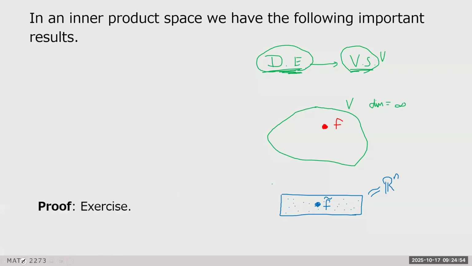So we're looking for this approximation in this space, such that I want to minimize the distance between these two vectors. You can't find the actual solution to your differential equation because it's too complicated, so we approximate it in a finite dimensional space.